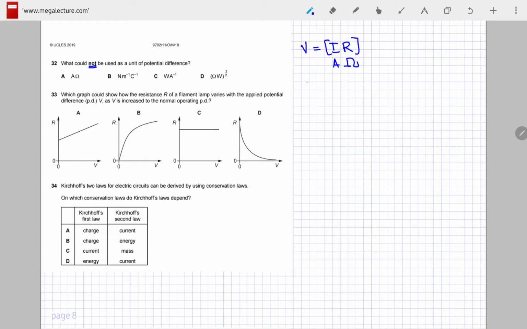Then you have potential difference is P over I, which gives you units watt per ampere. And then we can also have potential difference V is equal to square root of P over R, right? And this gives me units of watt per ohm raised to the power.